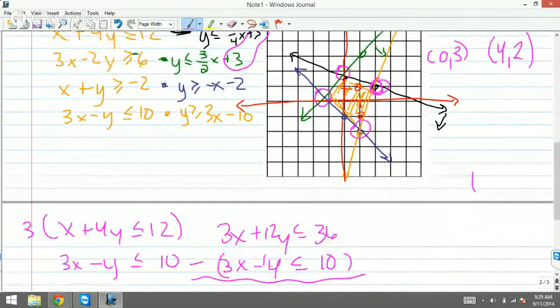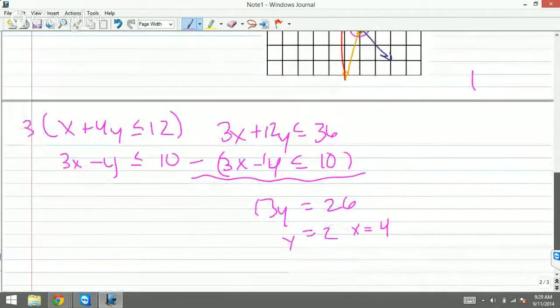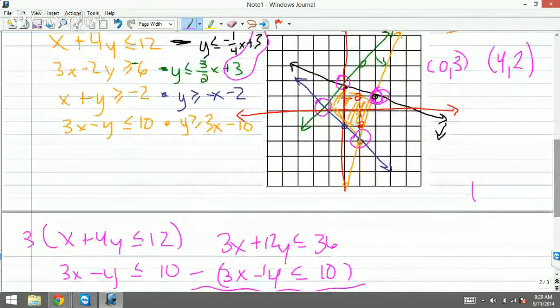Do I need to show you the rest of them? Is there a potential of up to 4 systems in this that you have to solve? In the interest of time, I just want to give you the answers and show you the min-max calculation. Okay, so the bottom point here is 2, -4.